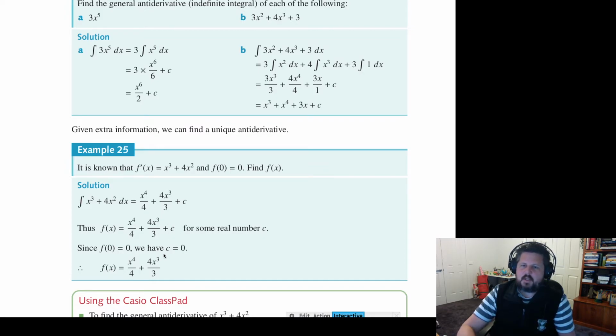So we found out that c is equal to 0. You can plug that into the final equation rather than writing plus c on the end. You could write plus 0, but even better than writing plus 0 is you don't need to write anything at all there. If it was another number that wasn't 0, you would see it either added or subtracted on the end here.